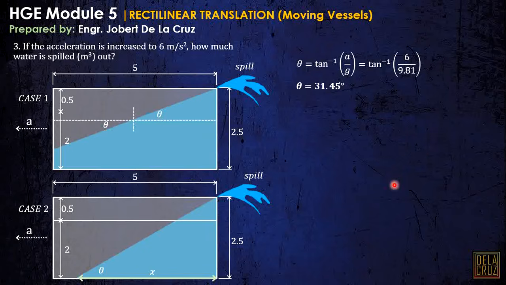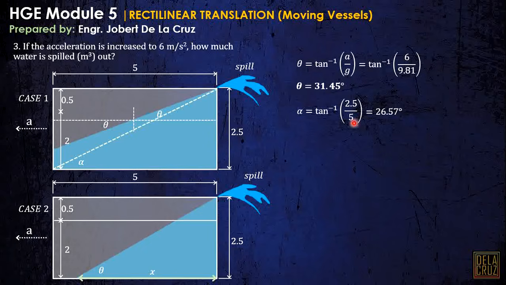Now, in order for us to be sure which case to use, we check this one, the angle of inclination here. This will be our basis. We will check whether it goes beyond here or not. Let's call this one alpha. By arctangent of opposite 2.5 over 5, we can solve for alpha.